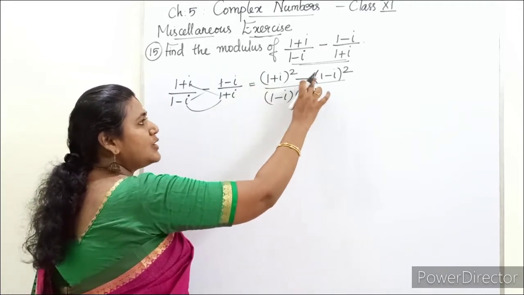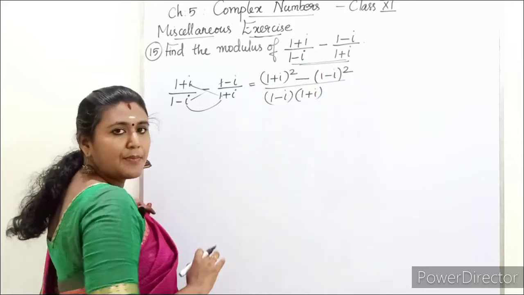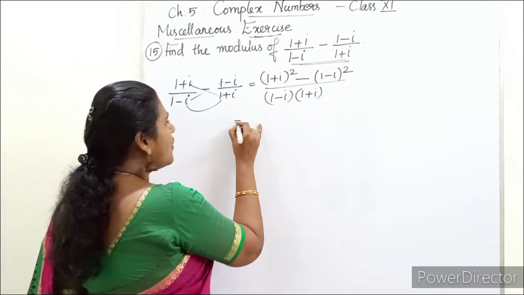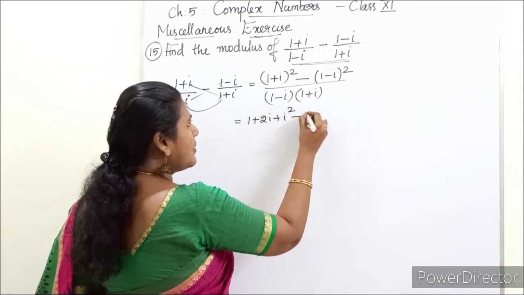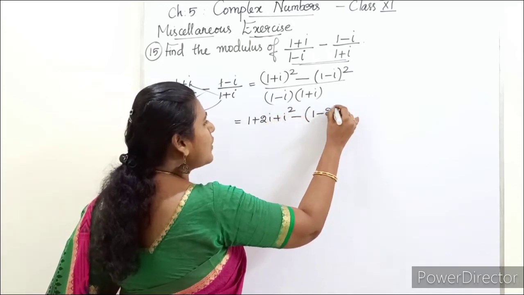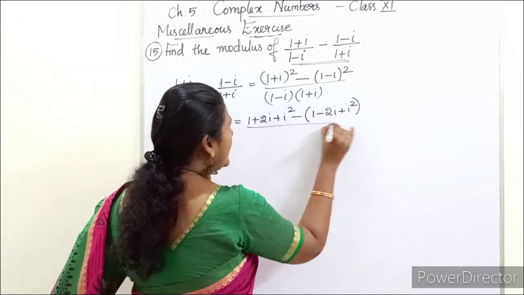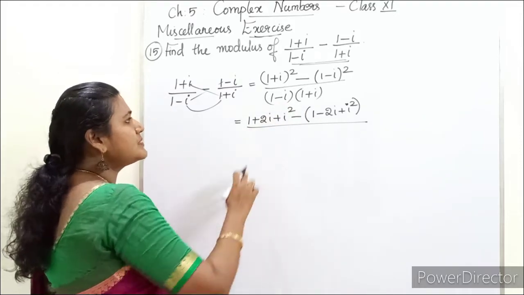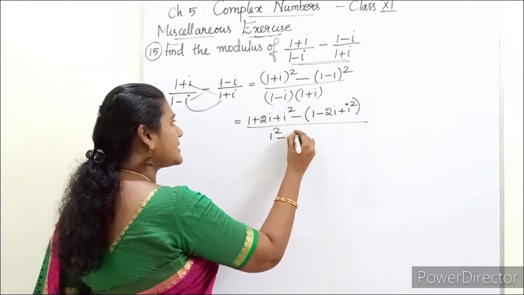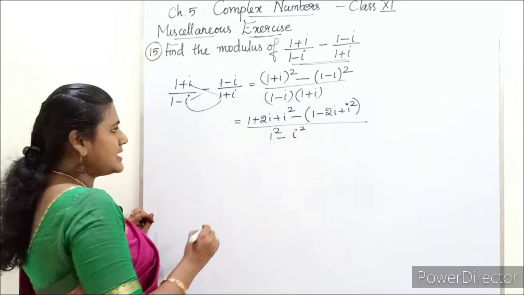We will expand the numerator using the identities (a plus b) the whole square and (a minus b) the whole square. So 1 plus 2i plus i square minus (1 minus 2i plus i square), divided by, this is of the form (a plus b) into (a minus b), so we will use the a square minus b square identity. So we can write 1 square minus i square.